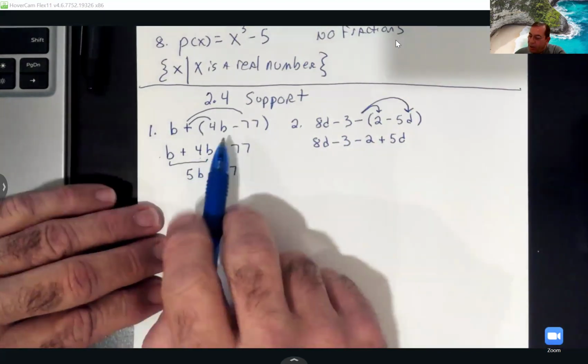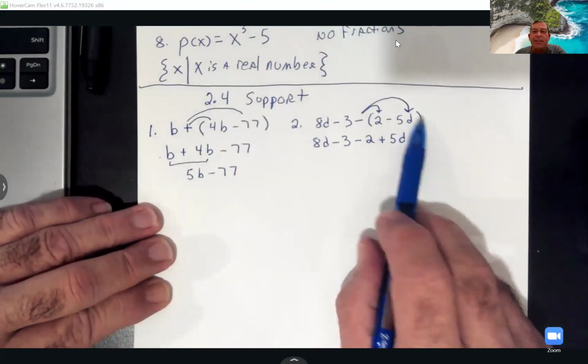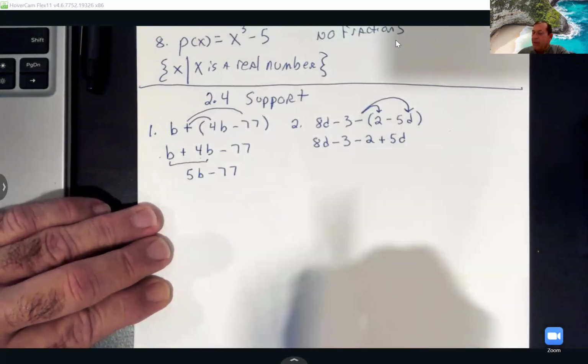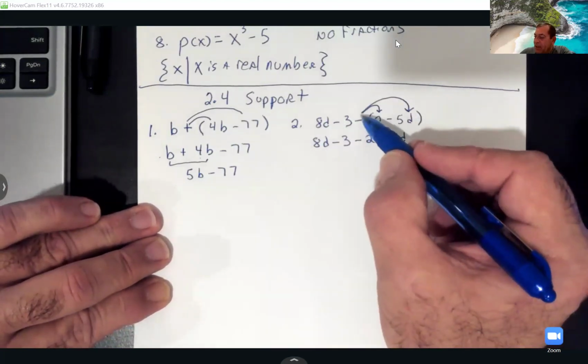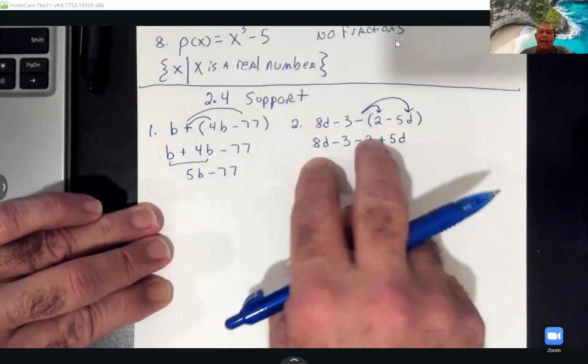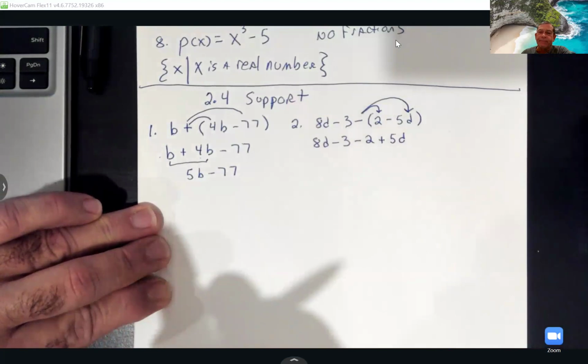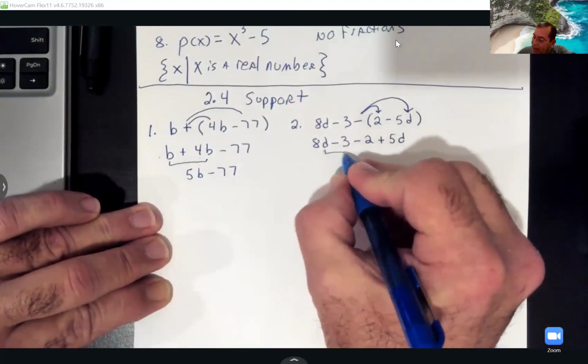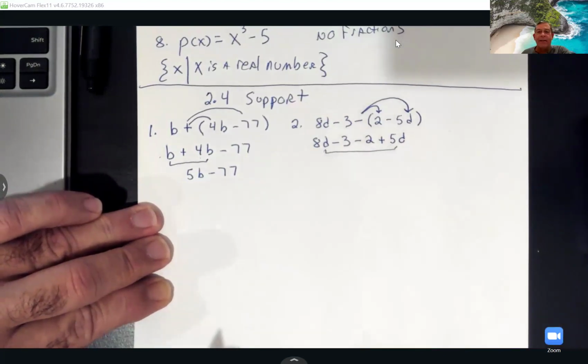So notice, I got to get rid of the parentheses before I can start adding my like terms, okay? Because technically, this is multiplication, and multiplication always happens before adding and subtracting. All right, now, so let's add the like terms. The 8D will add to the 5D.